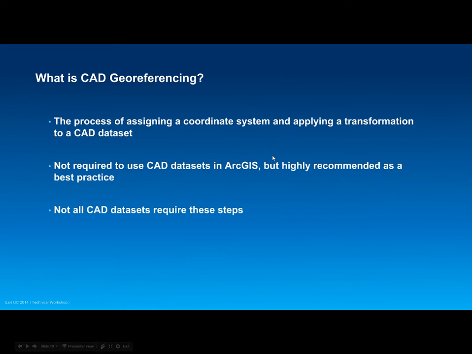So a little bit about displaying CAD data in ArcGIS. How do we display it in ArcGIS? Well, oftentimes we have to georeference CAD data to get it to fit with our other GIS information. So what is georeferencing? Georeferencing is the process of assigning a coordinate system and applying a transformation to a CAD data set or to an image that has not been georeferenced.